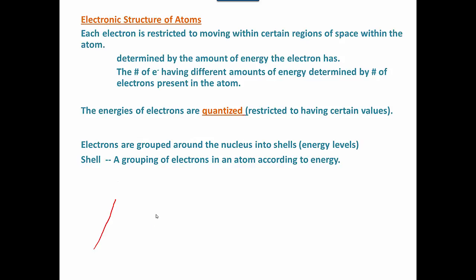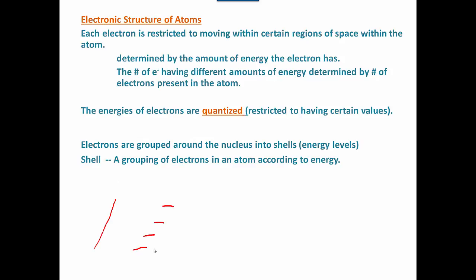When we talk about something being quantized, just imagine now if you were to turn the volume up and first you would get this volume, then this, and then this volume, and then this higher volume, but nothing in between, okay? So in other words, those volumes would be restricted to certain volumes or values.